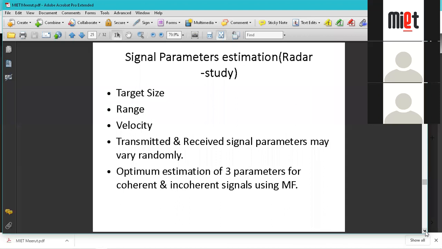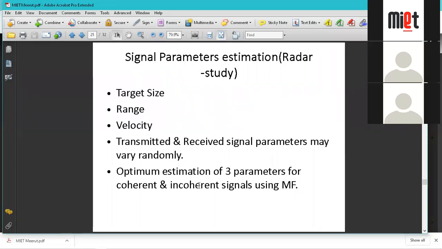One is the target size, second is the range, third is velocity, fourth is the signal parameters which vary randomly, and the fifth one is optimum estimation of 3 parameters for coherent and incoherent signals.